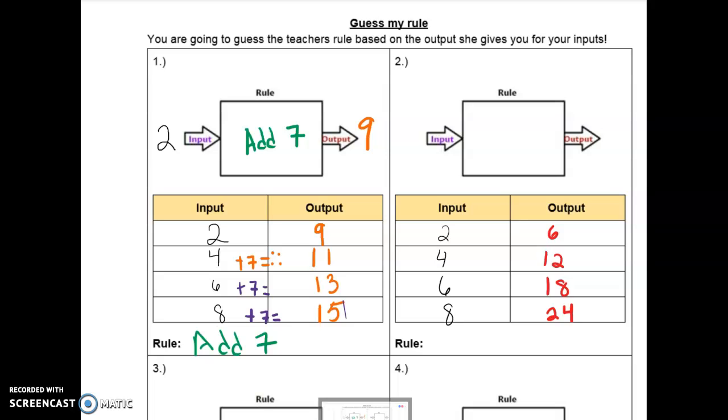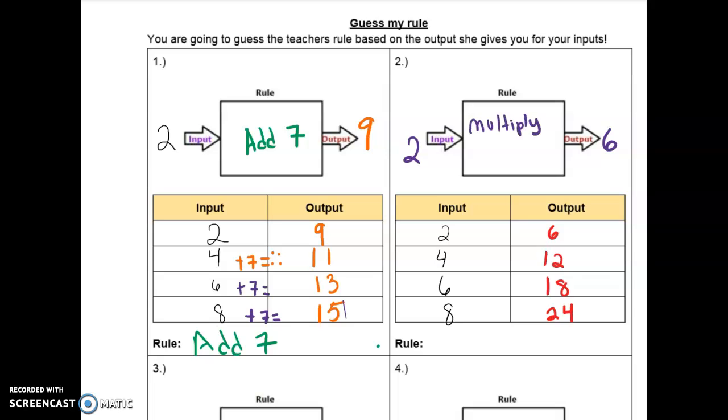Alright, now that you've paused the video and figured out the rule, from 2 to 6, well, I know that I could add 4, but 4 plus 4 isn't 12. Neither is 6 plus 4 is 18. So I know that it needs to be maybe a much larger number. I know that it's probably not adding, but multiplying.